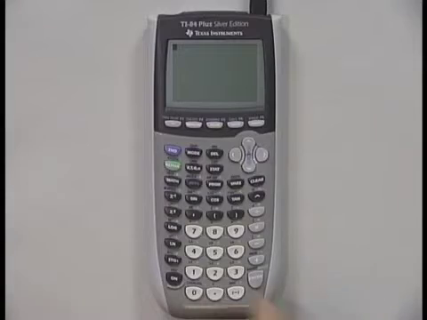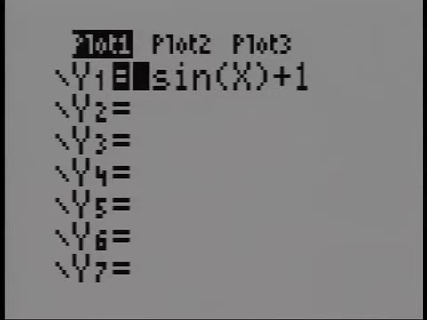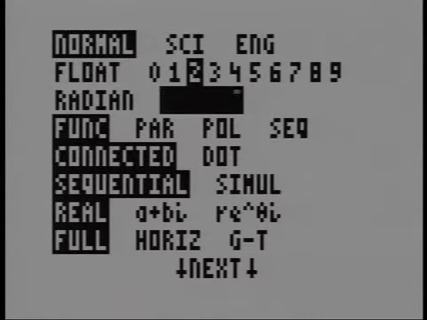Now let's look at using the calculator to find those exact two values. We'll begin by entering the equation in the equation editor. You can see that I've entered 2 sine of x plus 1. Next, I want to show you that I've changed it to degree mode, so if I move down and over, degree mode is now flashing.